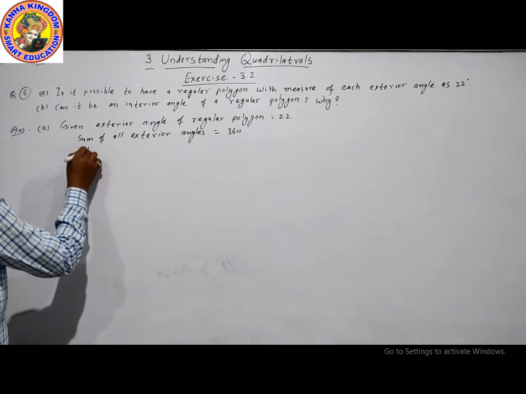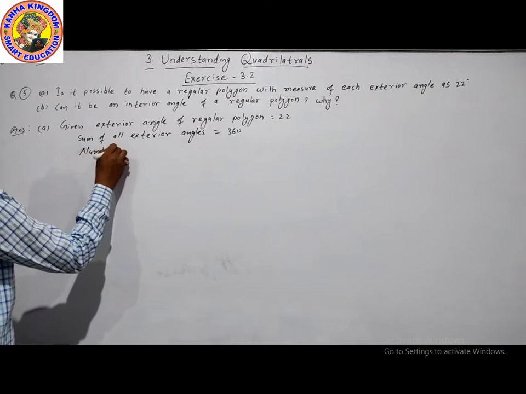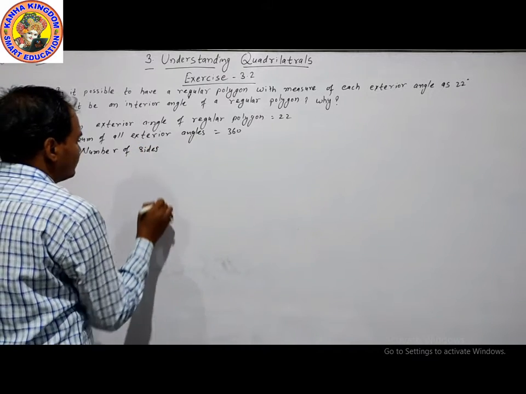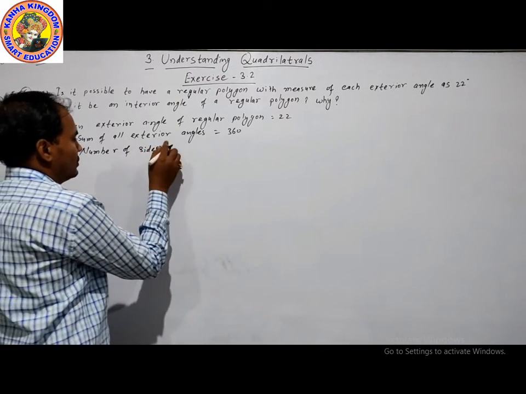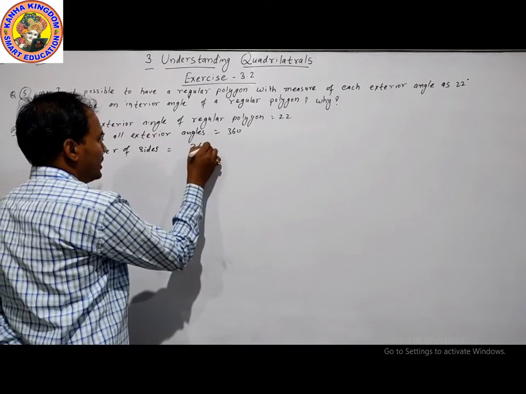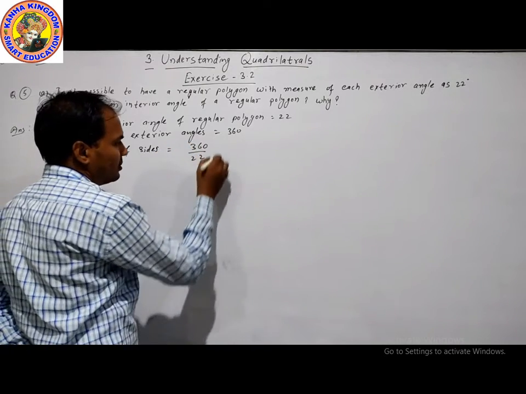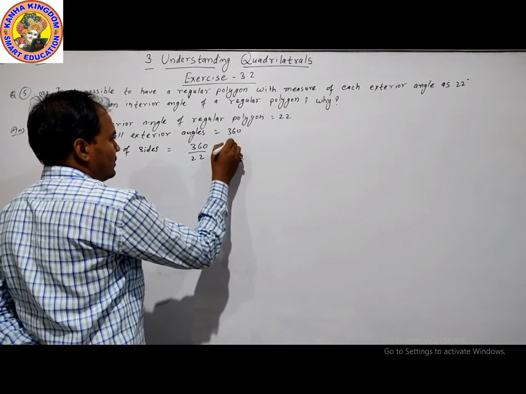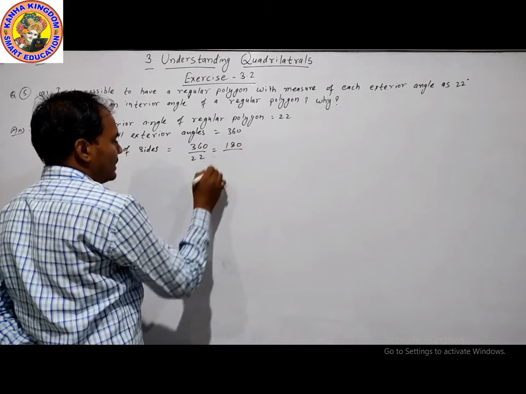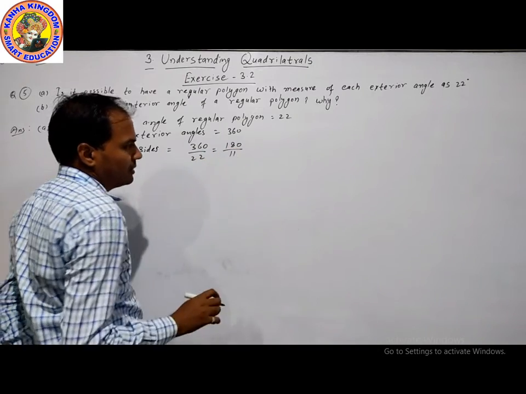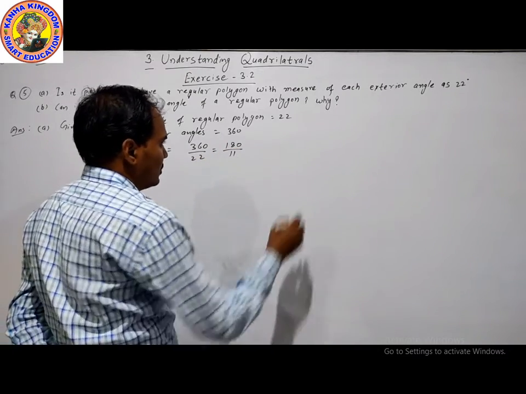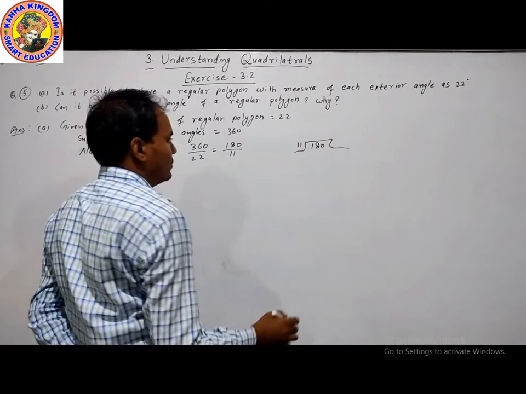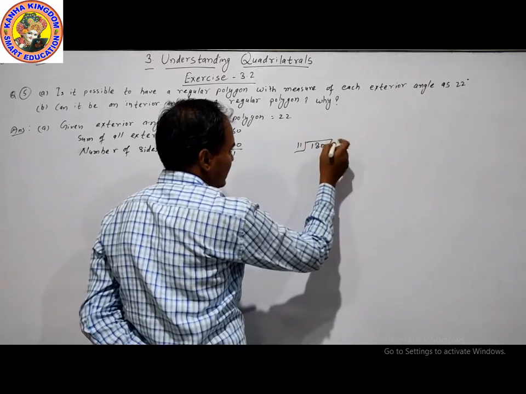So the number of sides is equal to 360 divided by 22. We can cut by 2. 180 divided by 11. Now we will divide 180 by 11.